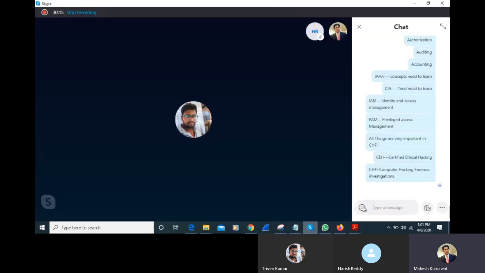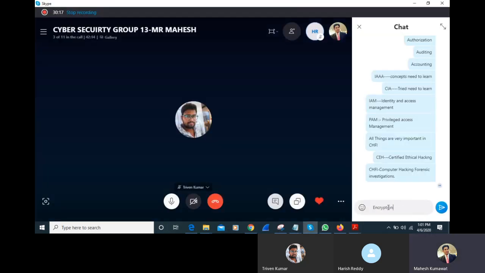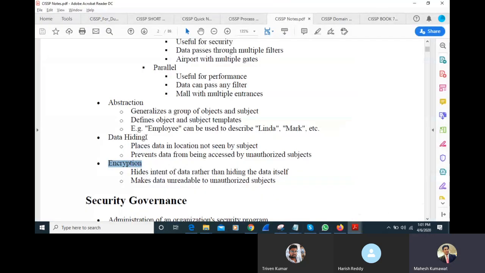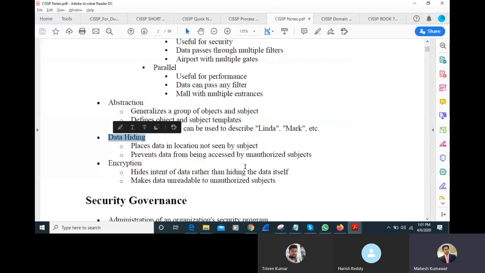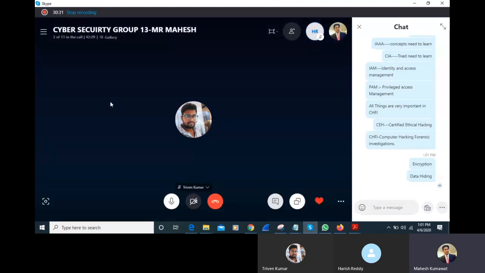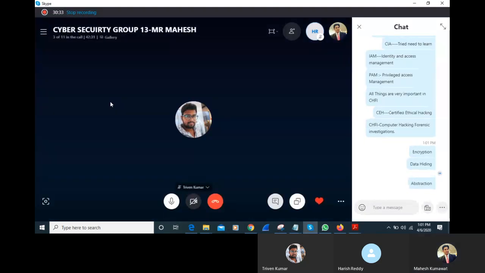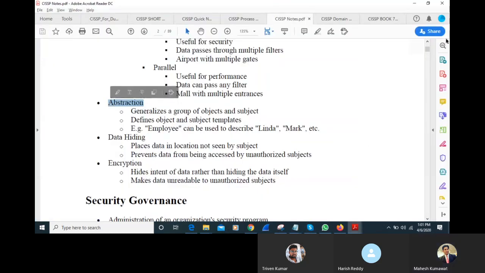To secure your data, encryption, you can go for data hiding, steganography is the same sort of thing, abstraction. And you can also use it.